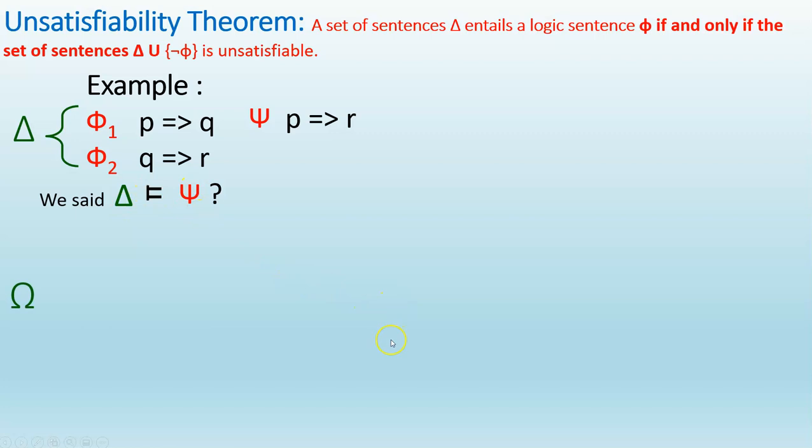And we proved that, if you remember previously, using a truth table. But I'm going to not prove, but pick apart using this example what the unsatisfiability theorem is saying. What it's saying is make a new set of sentences. And the new set of sentences will consist of the original two followed by the negation of the sentence that you're trying to entail, or that you are proposing these to entail.